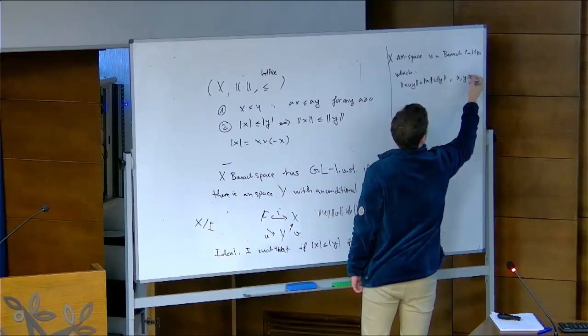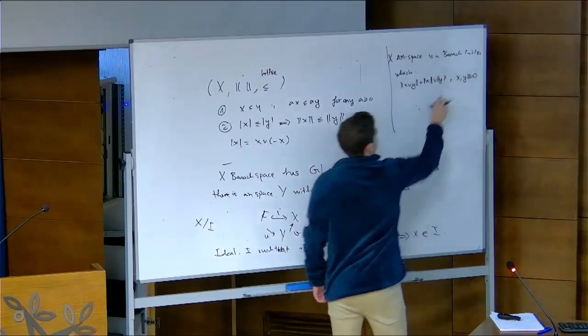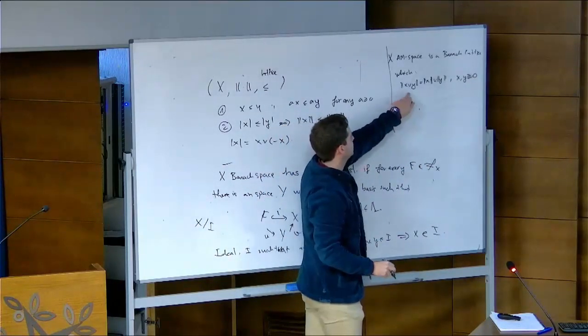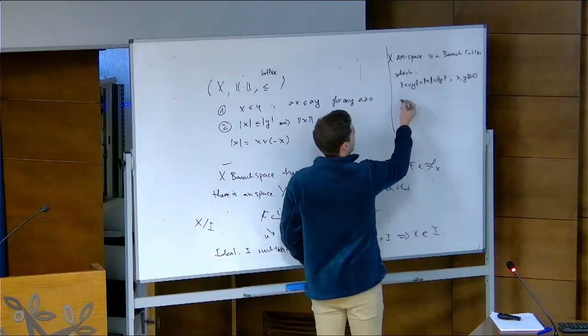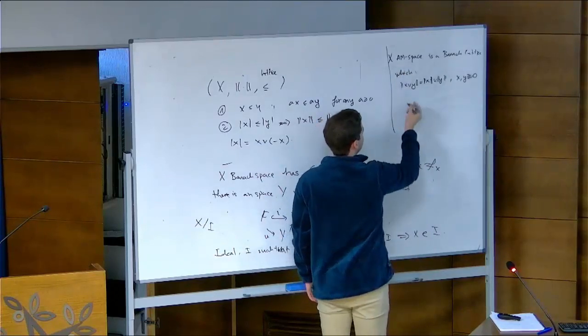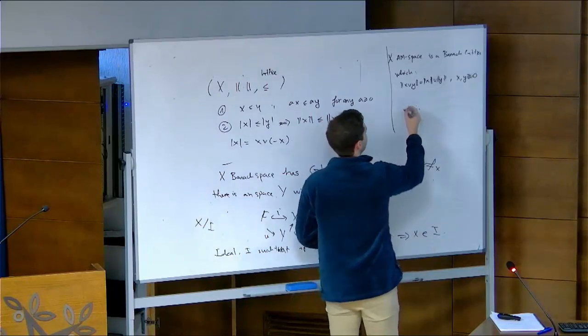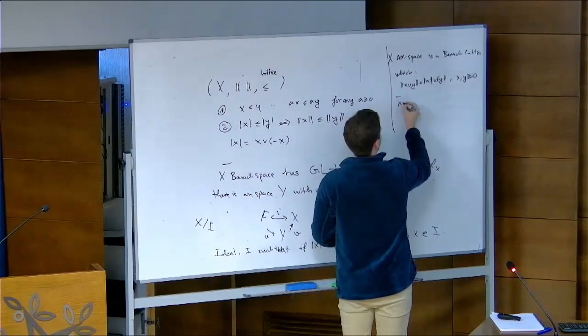We have to assume that they are positive elements, and we have this property. Examples of AM spaces are the C(K) spaces, for example.